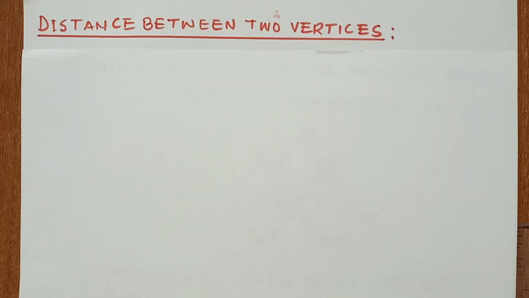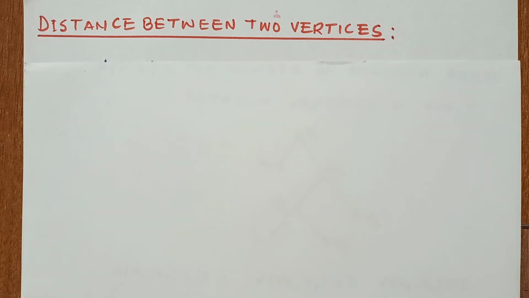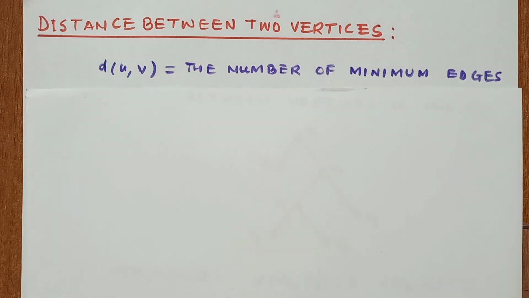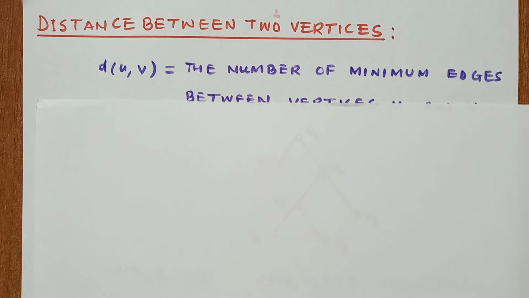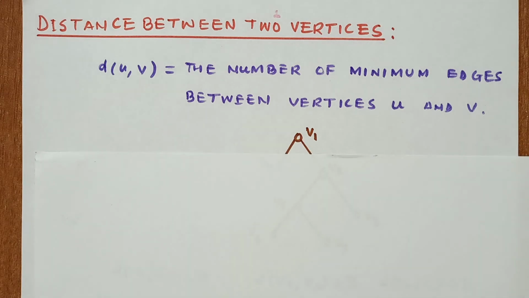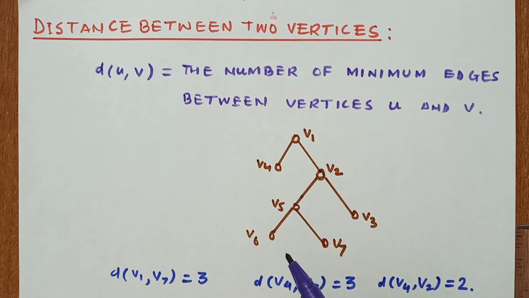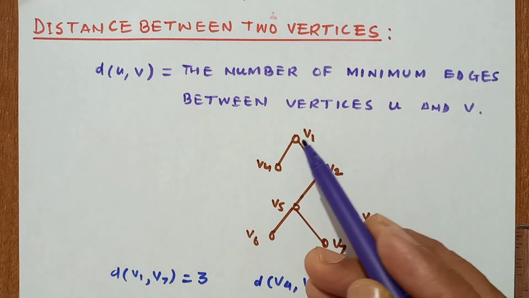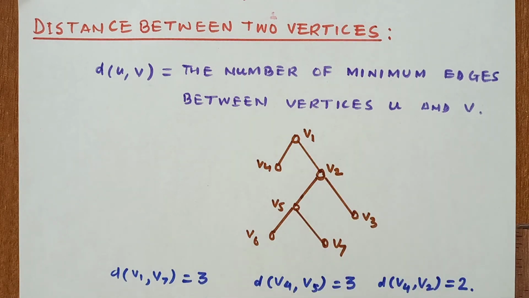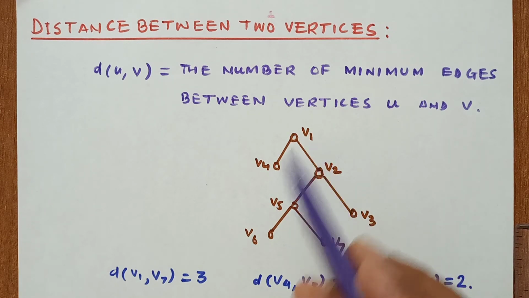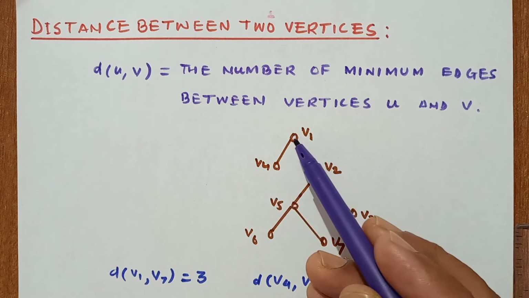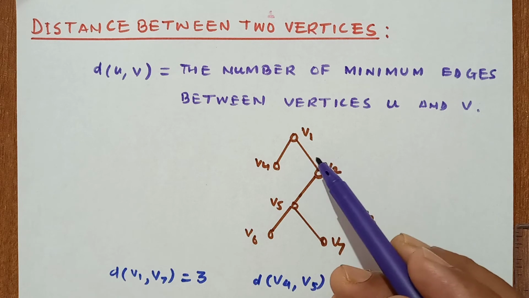Distance between two vertices. We have studied distance between two vertices in a graph. The minimum number of edges between two vertices is called the distance between two vertices. Suppose this is a graph. To find the distance between any two vertices, first we count the number of edges.